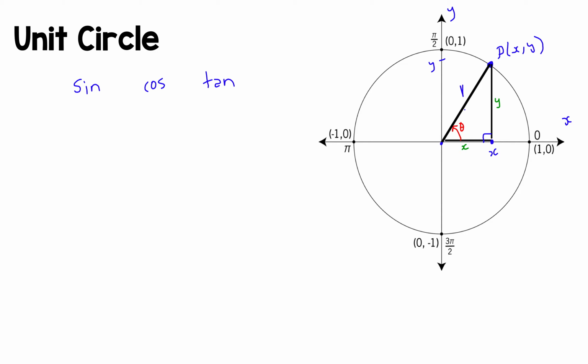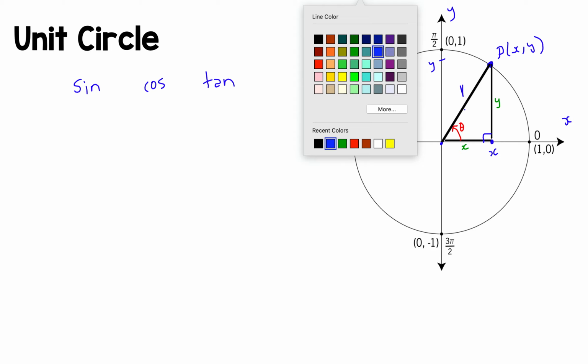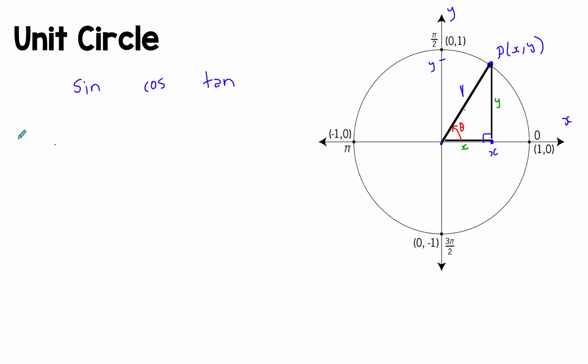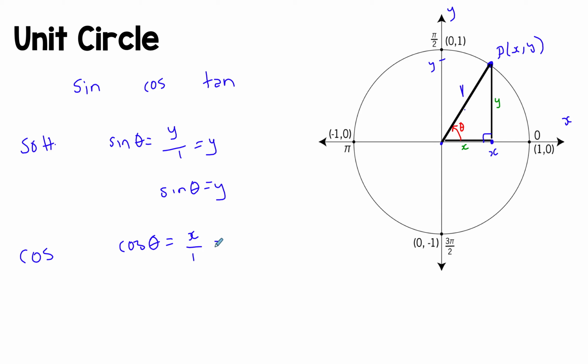So now I'm going to use trigonometric ratios that we're used to. So I know that sine theta is the opposite, so y over the hypotenuse, which is 1. And that's just equal to y. So sine theta is now actually equal to y. And then I have cos theta equals x over 1, which is just x.